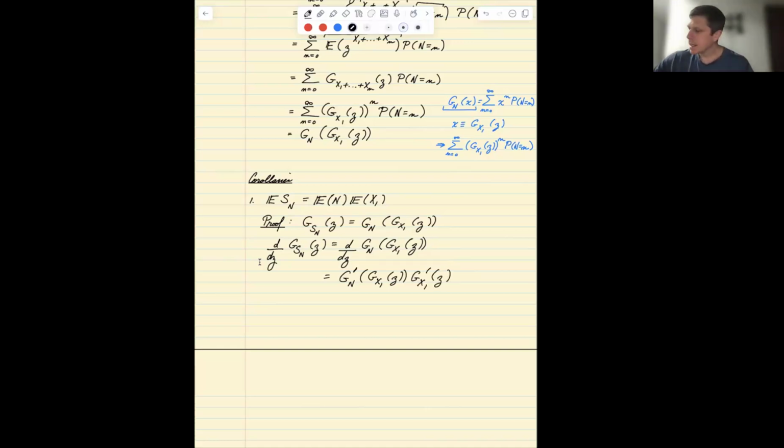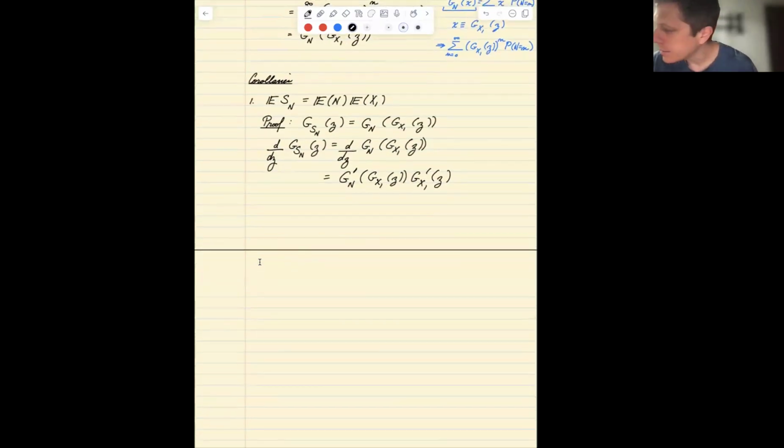Okay, let's evaluate this at 1. G_N prime of G_X1 of 1 times G_1 prime of 1.